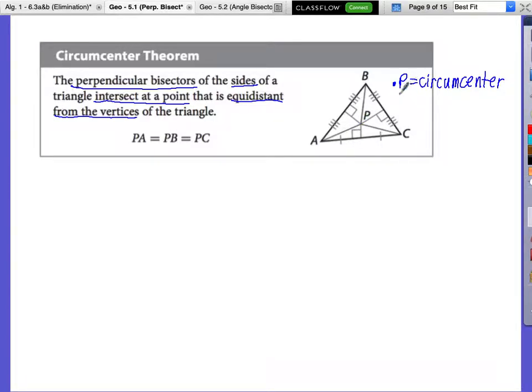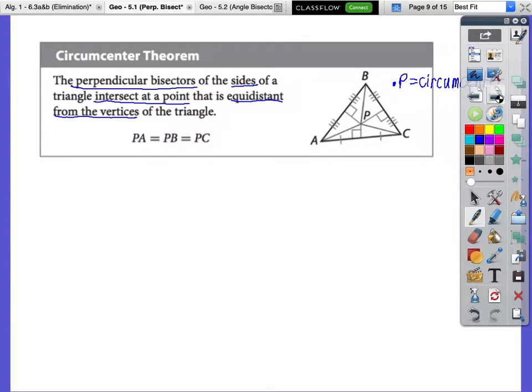So point P is going to be the same distance to points A, B, and C. That's a theorem that we're going to use briefly.